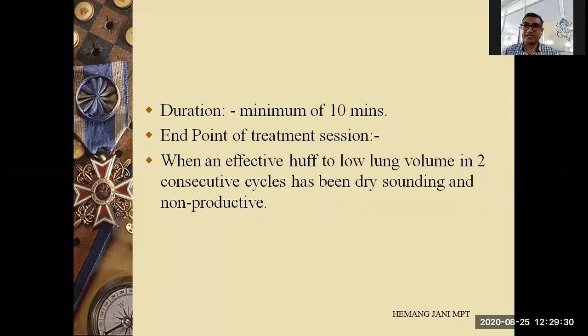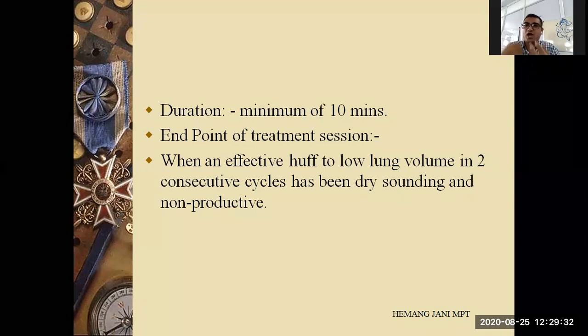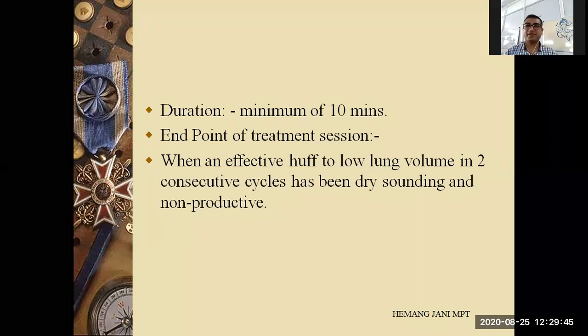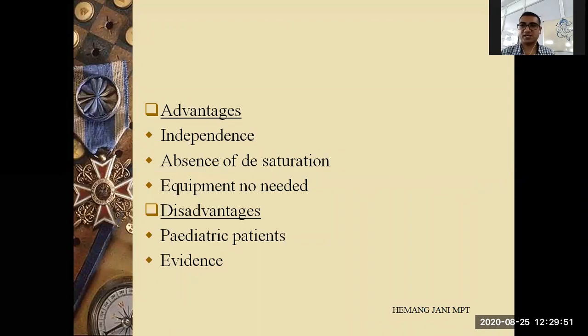When the effective huff at low lung volume is non-productive for 2 consecutive cycles. Whenever you go for huffing and you feel there is no secretion sound, or when the patient feels the chest is empty, then you can stop this SCBT technique.